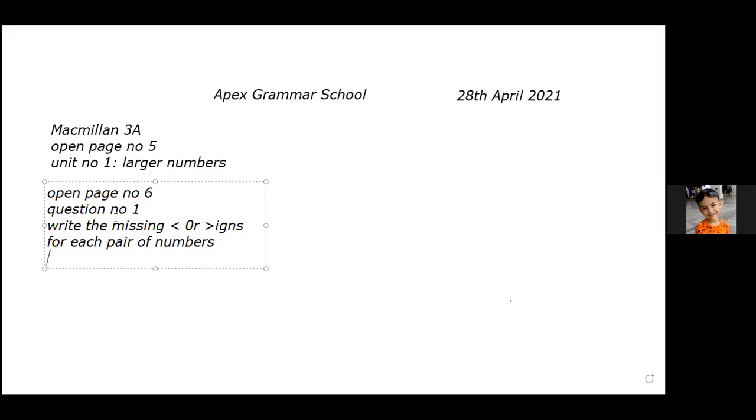Okay, before starting question number 1, I'm going to give you just the concept of greater or less by using very simple values. You can assume that here is a crocodile and this is the face of the crocodile, and he is very hungry.